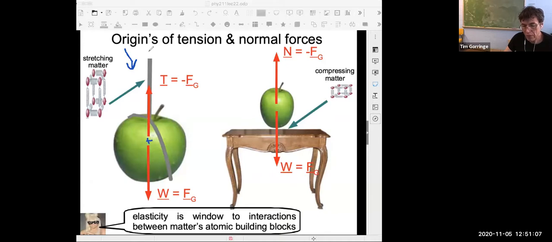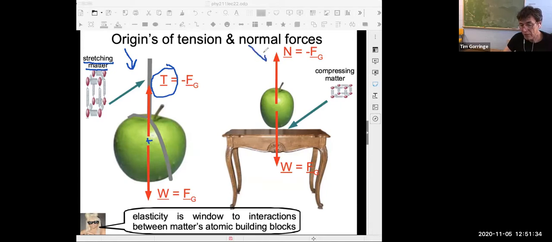So it's pulling apart the atoms and molecules of the string, cable or wire. And those atoms and molecules pull back through this interatomic, intermolecular force. And that's the origin of the tension force. So that tension force is coming about because I'm stretching the matter that comprises the string, the atoms and molecules that are making up the string.